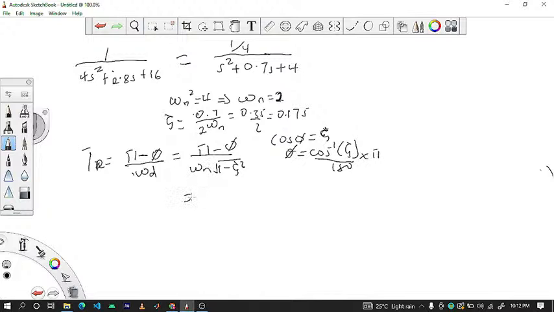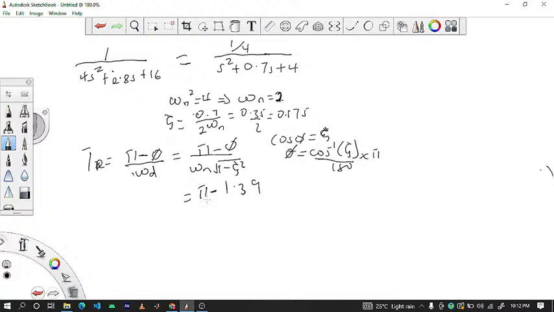So here will be pi minus phi. If we change the angle to radians, we will get 1.39.